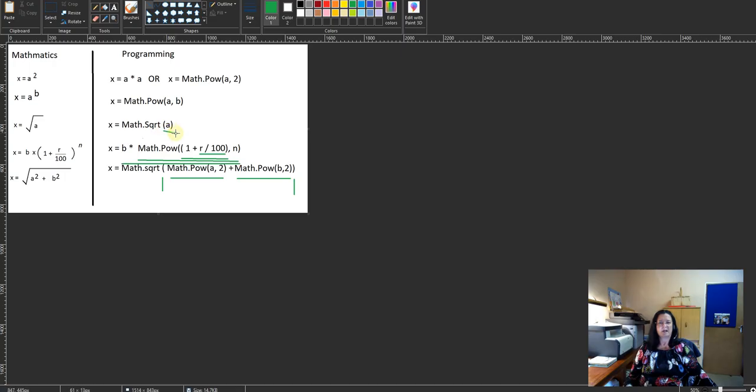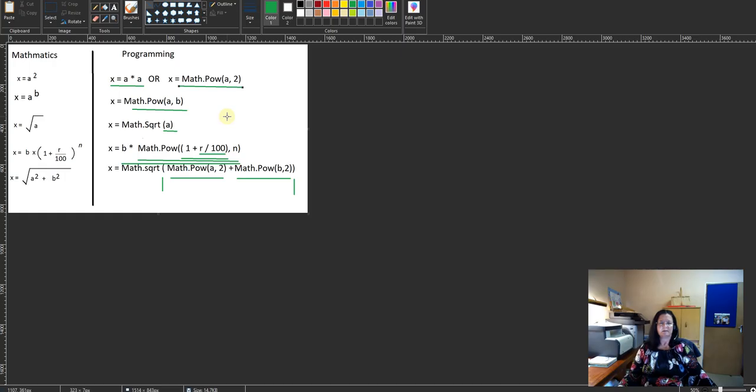So here it's only the square root of a that would be calculated, and a to the power of b. In this first example, either a times a, but a little bit better, programming wise, would be to use the math function and tell it give me a to the power of b.